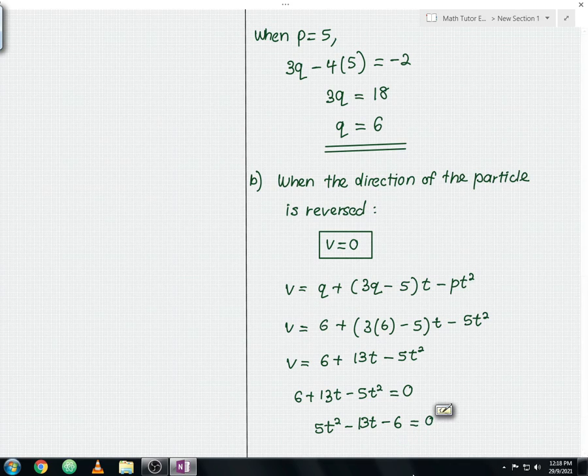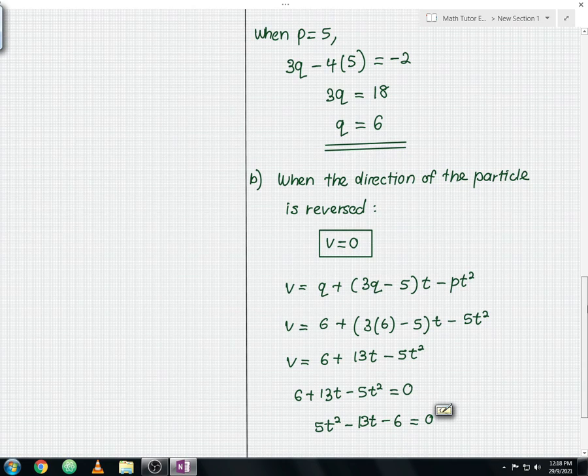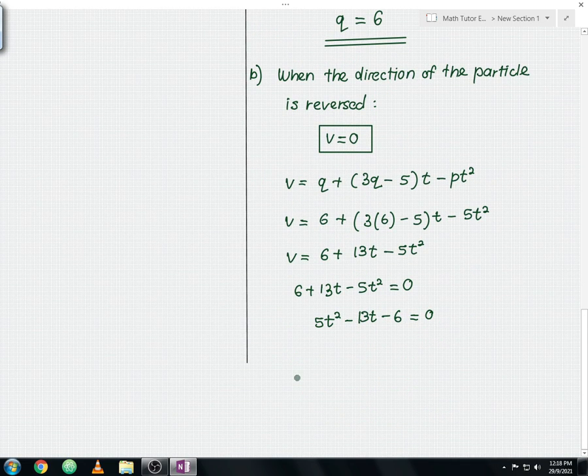Okay, so now you perform the factorization. From here you will get (5 t plus 2)(t minus 3) equals 0.